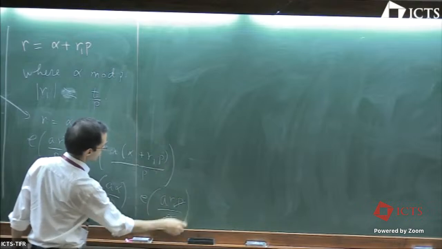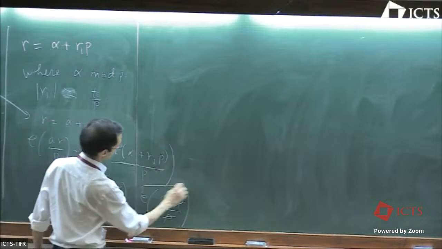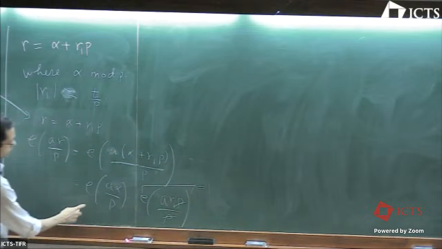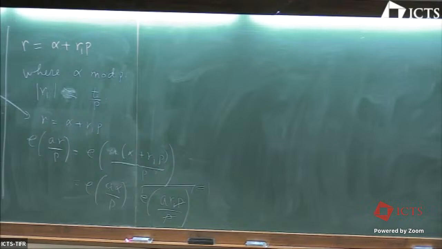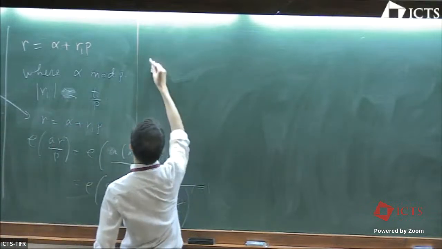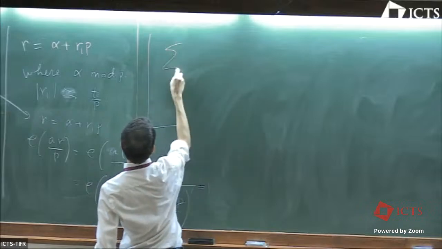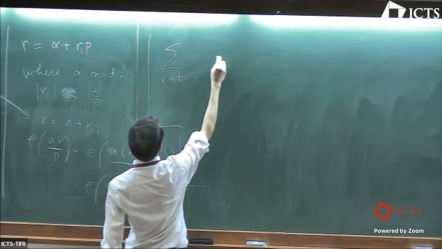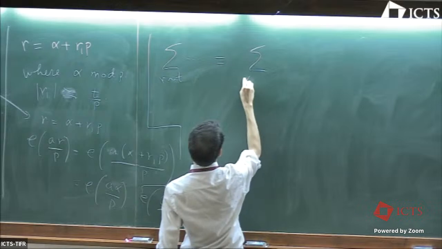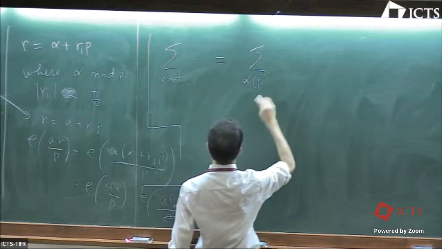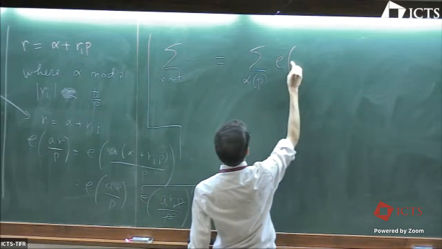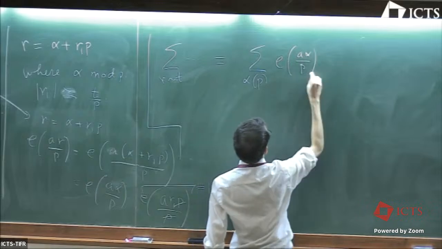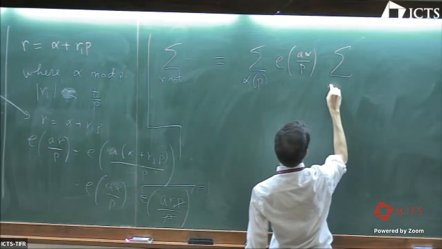So this cancels out. Now a R1 is an integer, and so this thing is equal to 1. So this does not have an R1 in it. So you can pull it out of the summation, and you can therefore write this R sum as the sum over alpha modulo p of e(a alpha/p), and then you have the R1 sum.